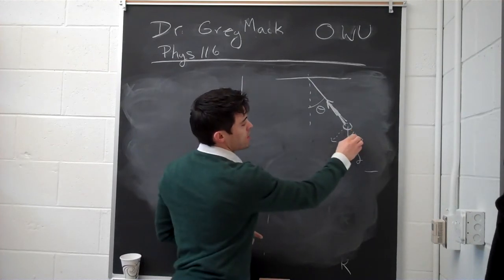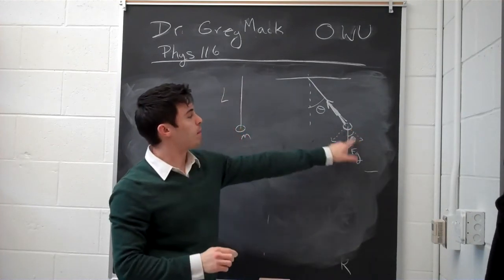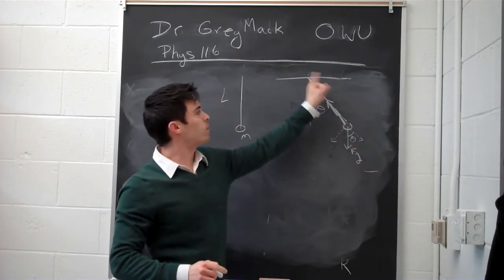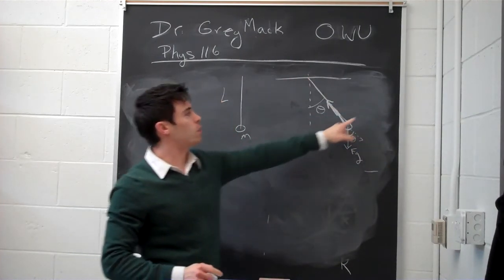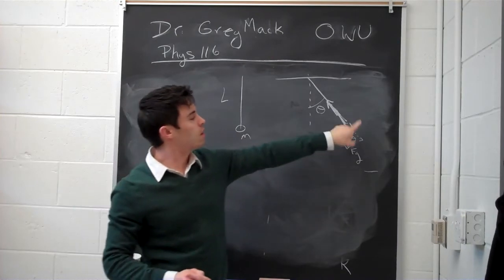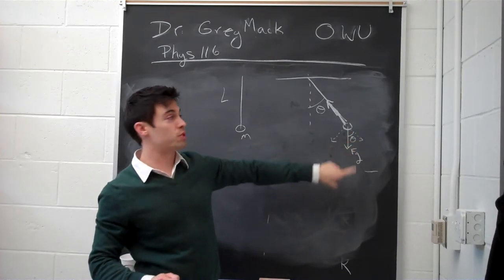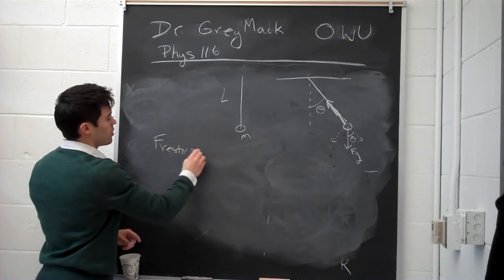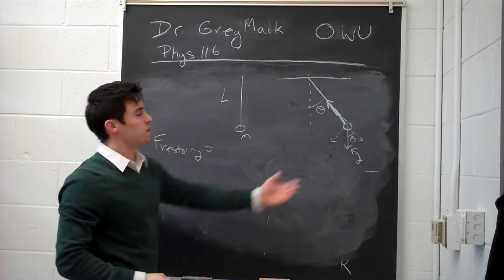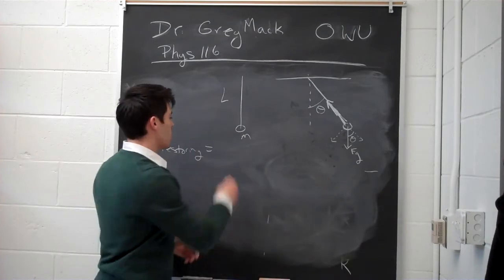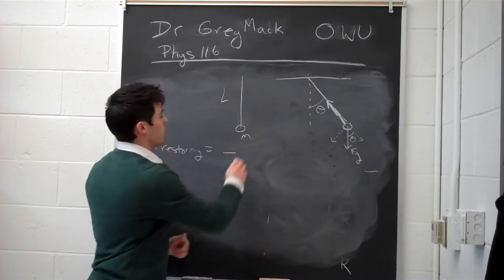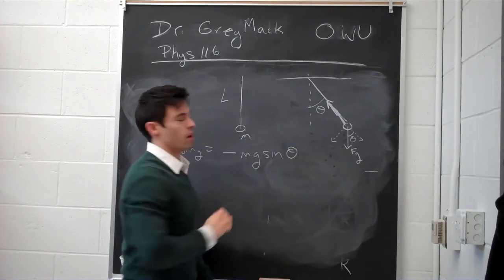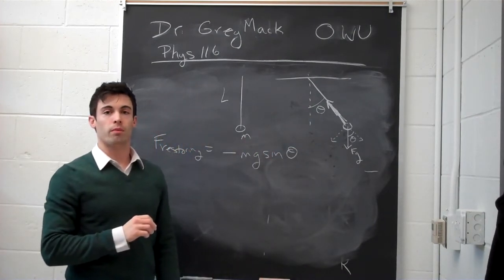If this angle is theta, which it is by geometry, and this is our new y and this is our new x, we want this x component of the gravitational force as the restoring force. So F restoring is equal to, since it's going to the left, we're going to call it negative, negative mg sine of theta.